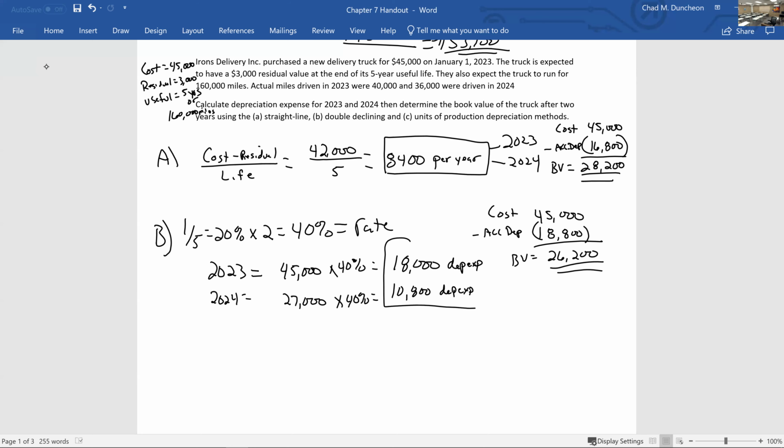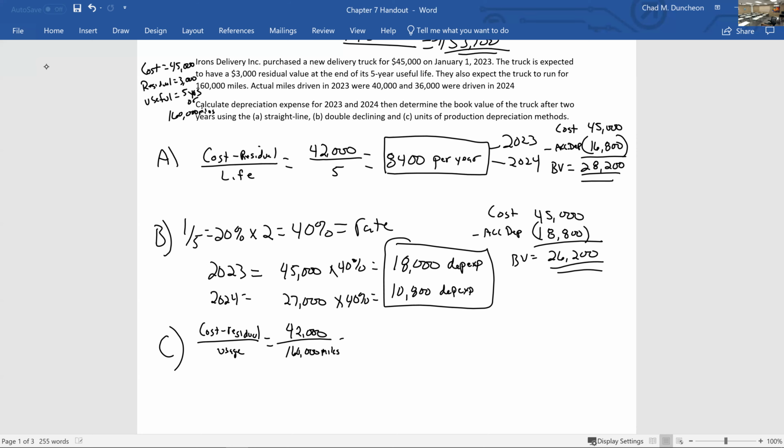So here's our depreciation expense for each year. Okay, for the units of production, first we have to find out how much per unit we're going to take off. So that is our cost minus residual divided by usage. So we have 42,000 divided by 160,000 miles.